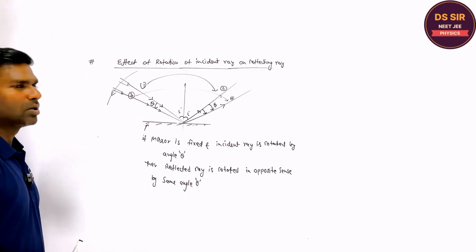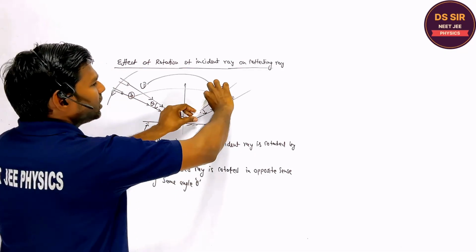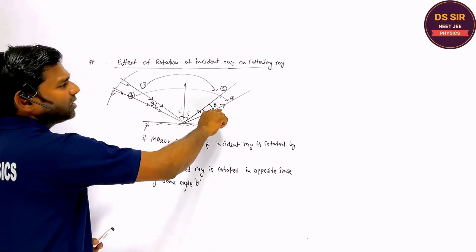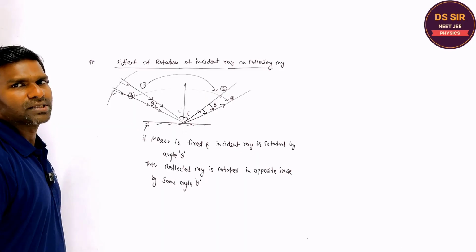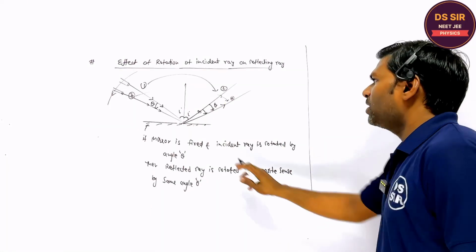You understand or not? If it is rotated by 10 degree in anti-clockwise direction, the reflected ray is rotated by 10 degree in the opposite sense, in clockwise sense, right? Copy this.